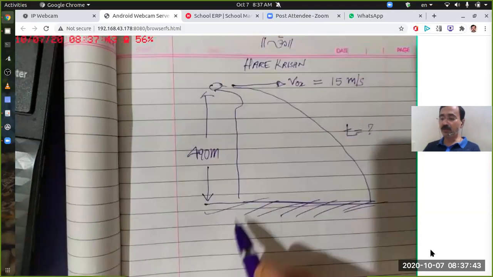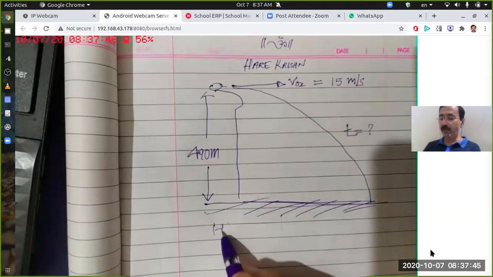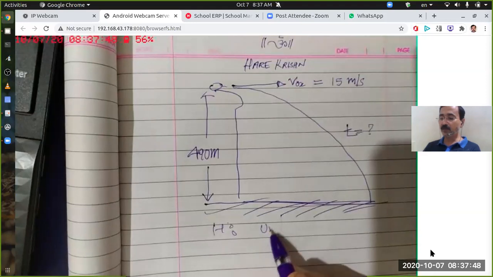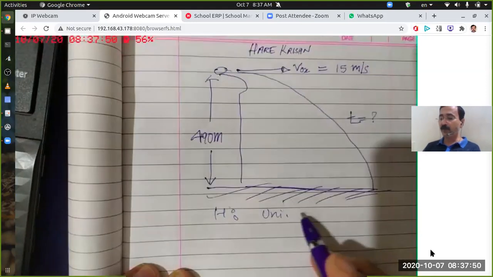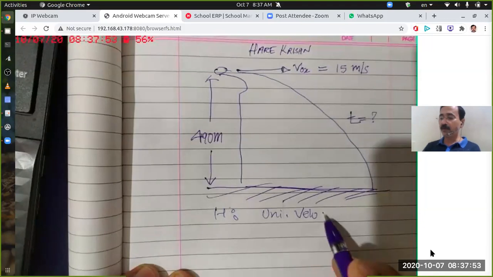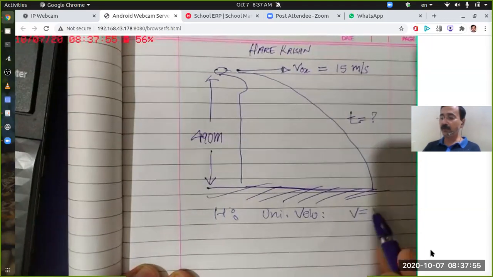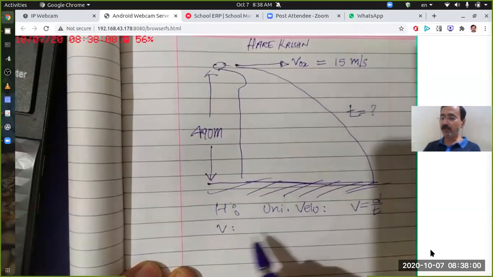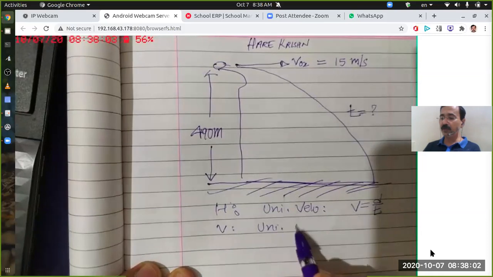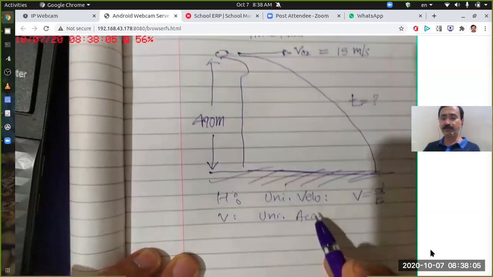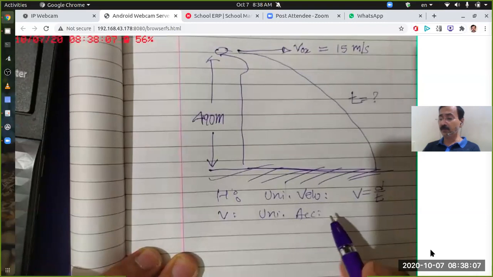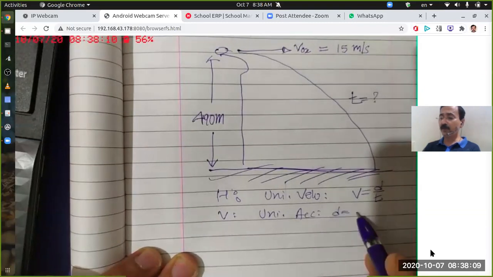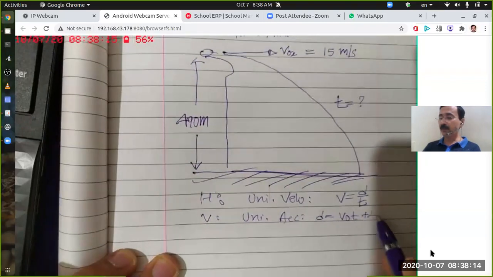So see, horizontally you have got uniform velocity, and the formula is v equal to d by t. Vertically, you have got uniform acceleration, for which you have the formula d equal to v0 t plus half a t square.